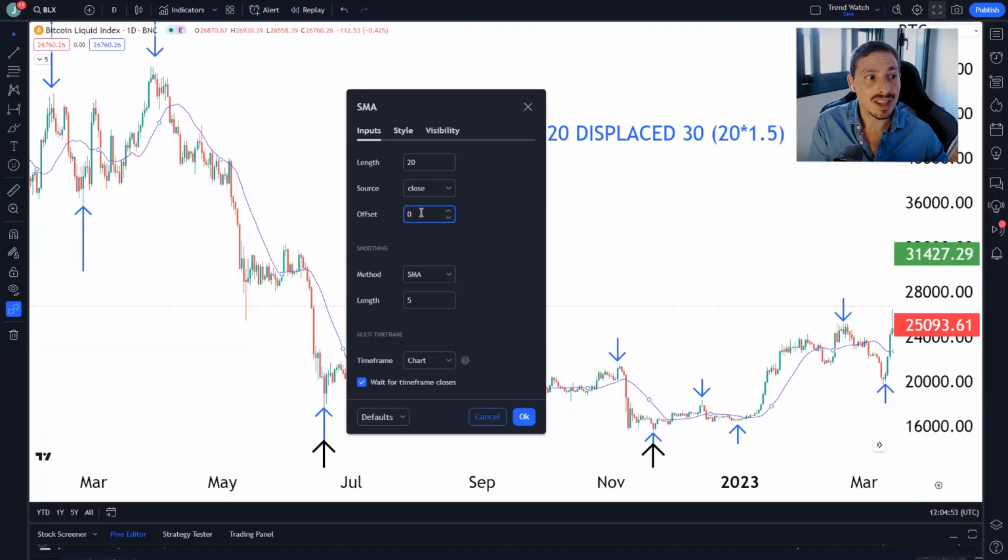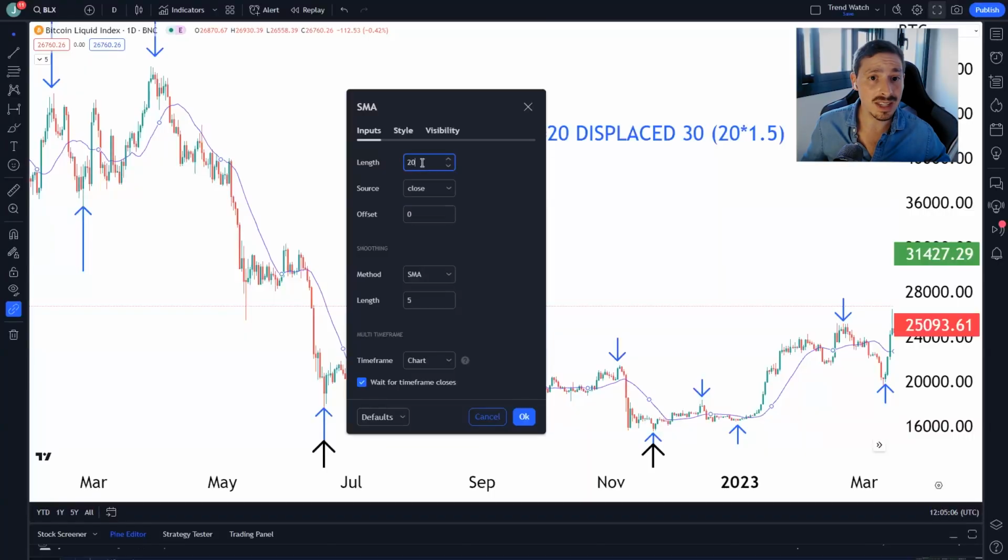The displacement or the offset is where things change as compared to a filter. This is because in the case of an FLD, we want to project this moving average forward by 1.5 times the length. Again, we project the moving average forward by 1.5 times the length of the moving average. In this case, the length of the moving average is 20.